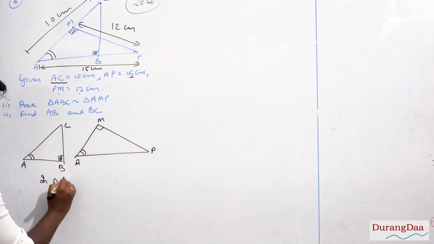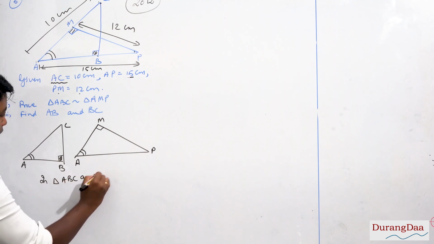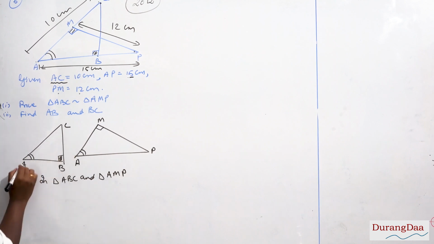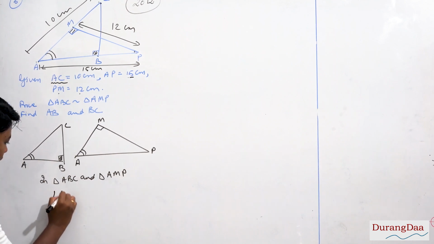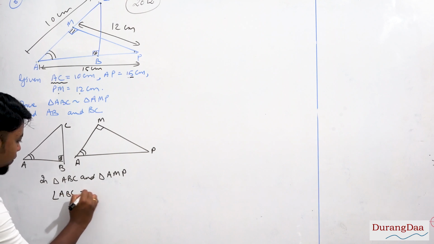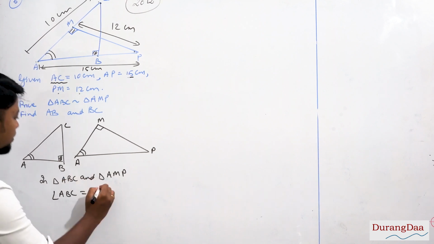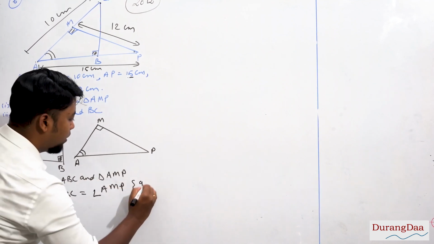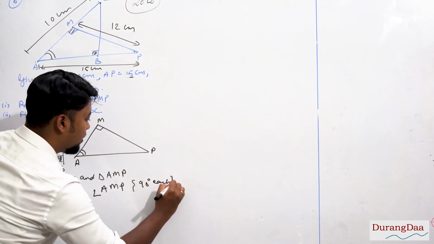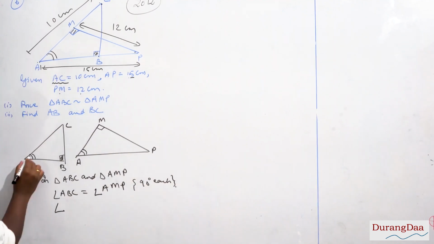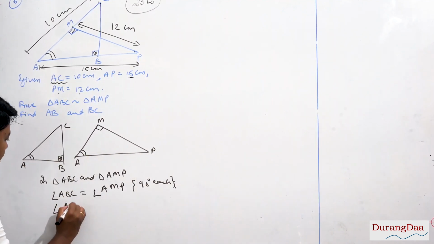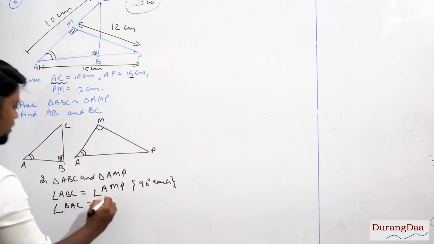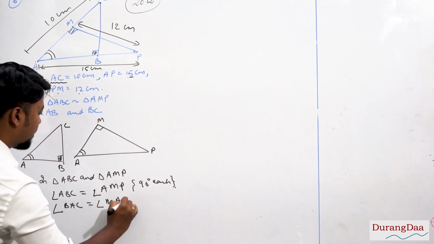In triangle ABC and triangle AMP, first thing I will write this 90 degree angle, angle ABC equals angle AMP. Alright, the reason would be 90 degrees each, given in the question. Second one, the common angle, angle BAC equals angle MAP.